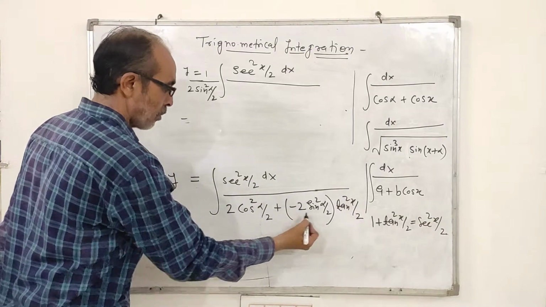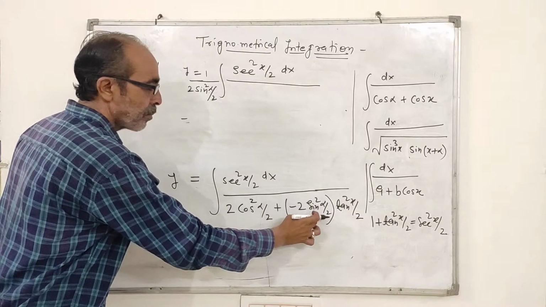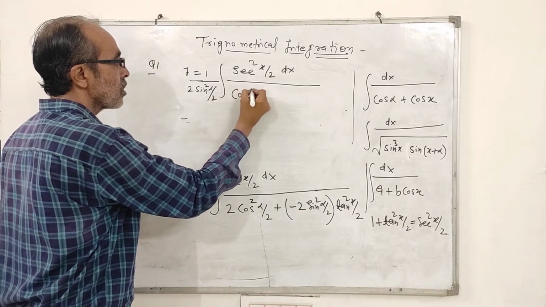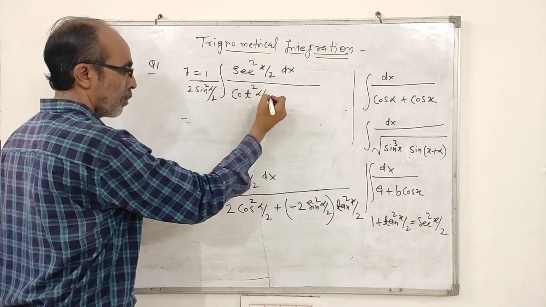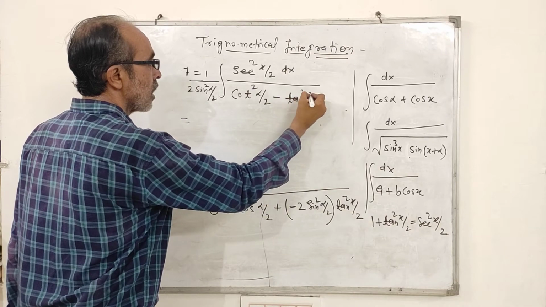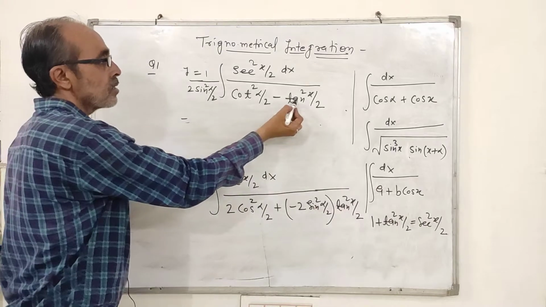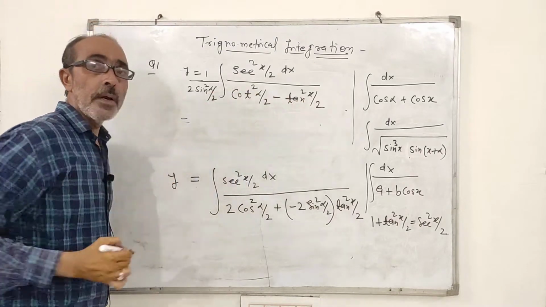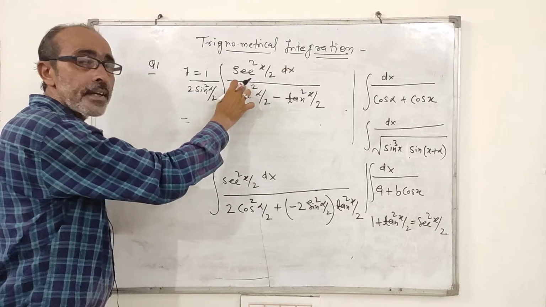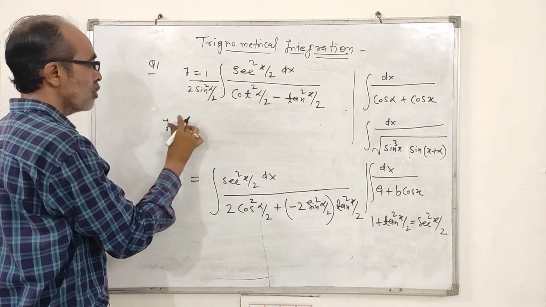This 2 sin square alpha by 2 is common, and the term cos square alpha by 2 divided by sin square alpha by 2 is cot square alpha by 2, and here is negative tan square x by 2. So tan x by 2 is our variable term and the other is a constant written as a square.